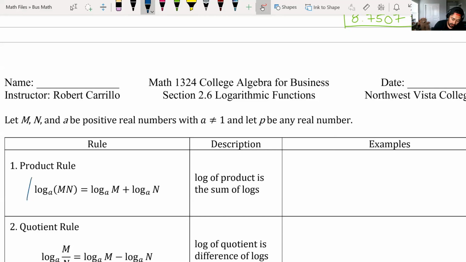It says log base a of m times n can be expanded into log base a of m plus log base a of n. So the product of terms inside a log can be expanded into the sum of multiple logs. Since there's only 2 terms inside the log, we are able to expand it to 2 terms connected by addition. This is how product rule works.